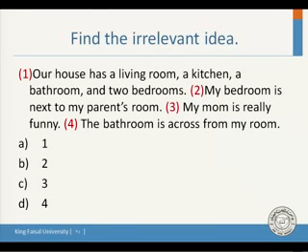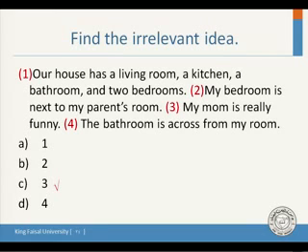Look at this paragraph. We have 4 sentences. Look at it and read the paragraph. Which sentence is irrelevant? See, the sentence is number 3. Sentence number 3 is irrelevant because sentence number 1 is about our house.